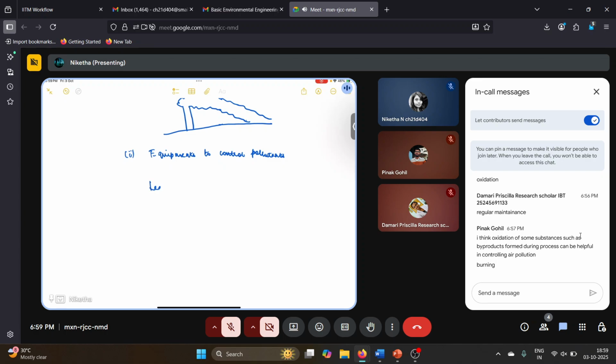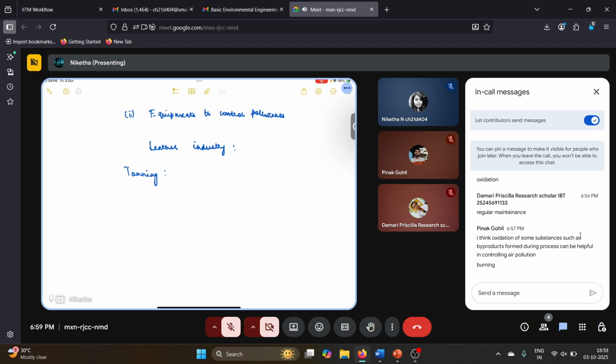So now we will be looking at a leather industry. So leather is produced in a process called tanning. So tanning is producing leather by processing animal skin.